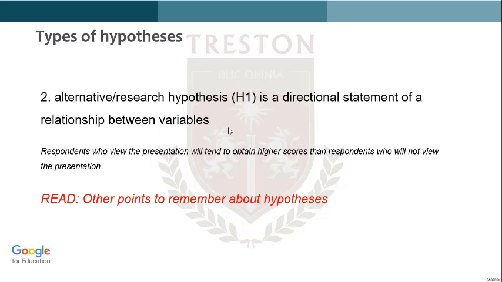For example, respondents who view the presentation will tend to obtain higher scores than respondents who will not view the presentation. So there are also examples in your classroom about hypotheses. So H1 and H0. H0 is a negation. H1 is positive, or there is a relationship between the variables.